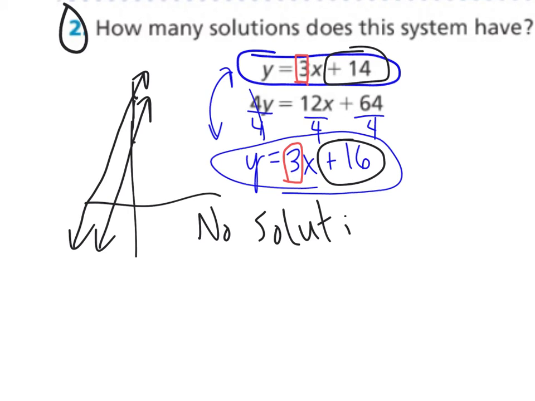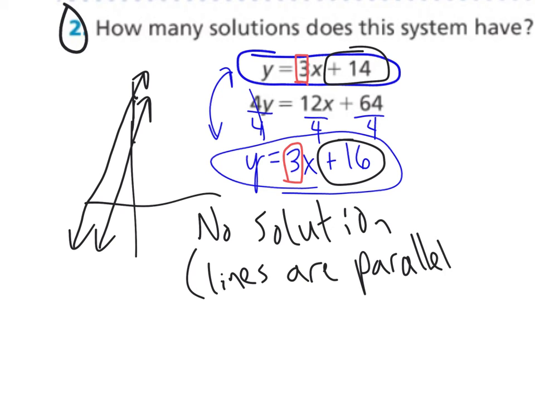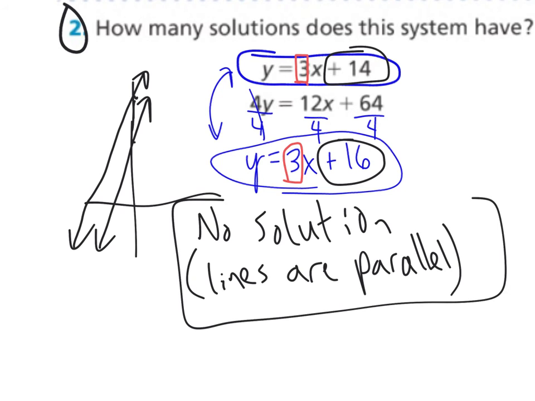So we could say we have no solution, and we could say the lines are parallel. The question technically just says how many solutions are there. So if you say no solution, that technically answers the question. But just want to make sure everybody understands also the reasoning behind that in case they said explain.